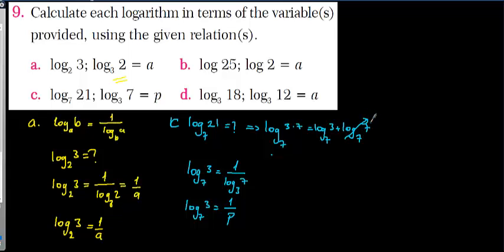This expression is equal to 1. We know that logarithm base 7 of 3 is equal to 1 over p. Here we have found that, plus 1. So it is equal to 1 over p plus 1, which is 1 plus p over p.